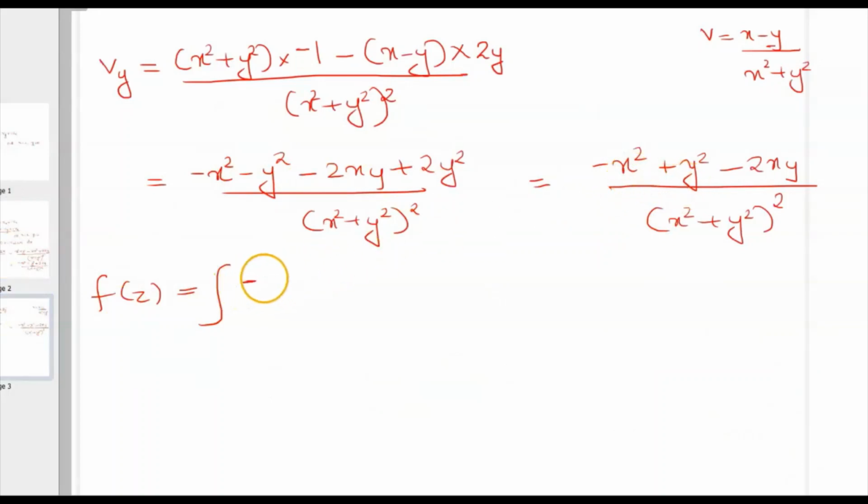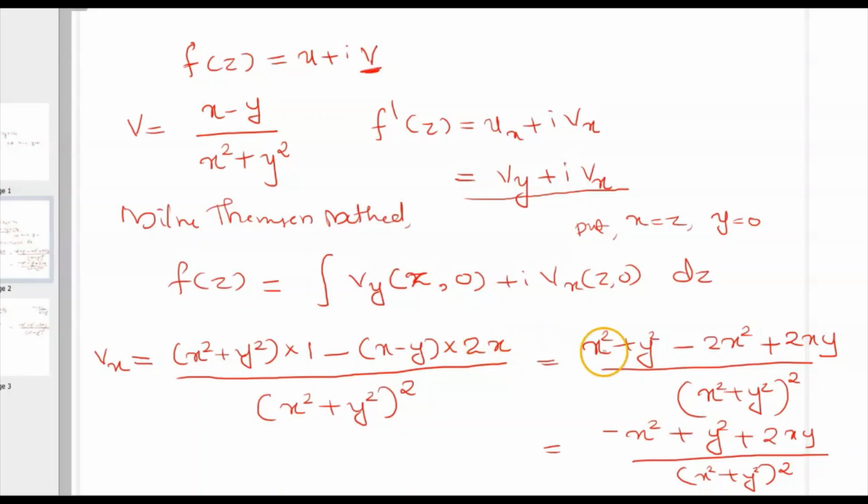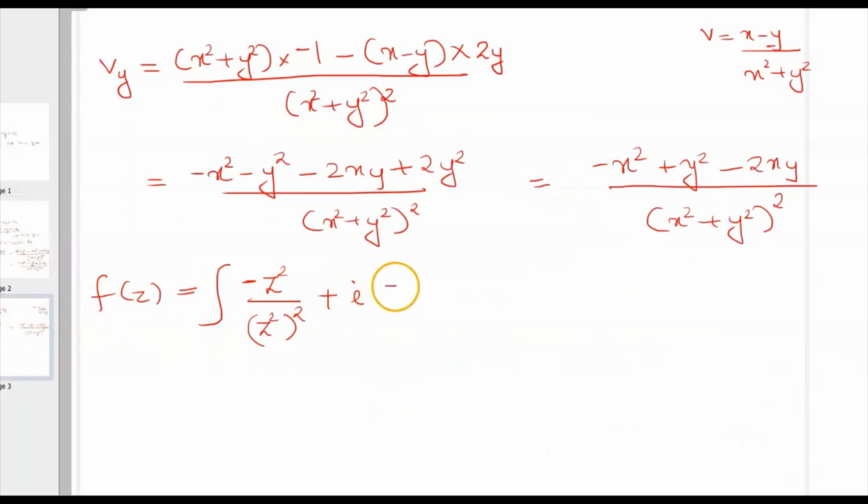That is minus z square divided by (z square) whole square, plus i into vx of (z, 0). Vx is here. Put x is equal to z and y equal to 0, which gives minus z square divided by (z square) all raised to 4. So it is minus z square divided by z raised to 4, plus i times minus z square divided by z raised to 4, dz.